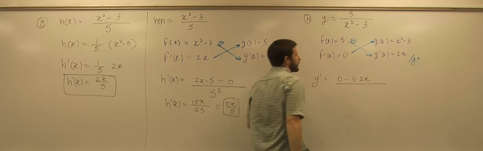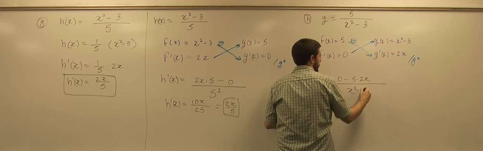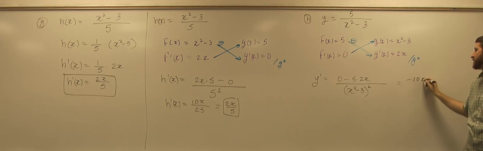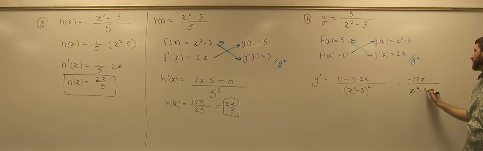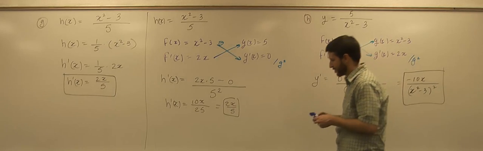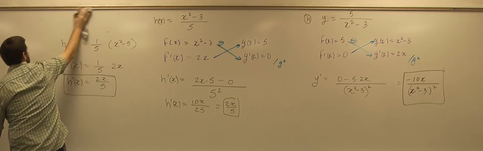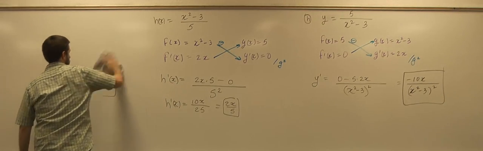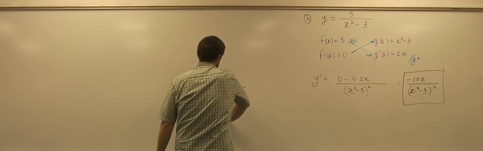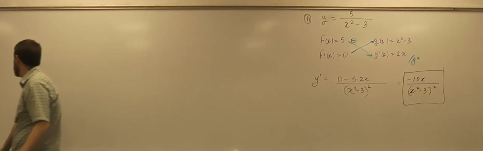I'll just write 5 times 2x. Over bottom squared. So negative 10x over x squared minus 3 squared. Okay, so constant on bottom, you can pull it out as a fraction. Constant on top, you gotta do it. Gotta do the quotient.